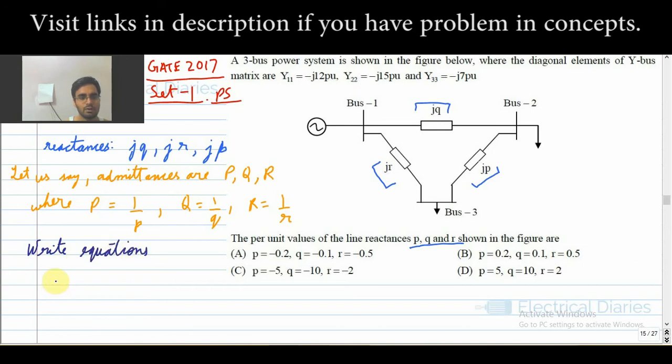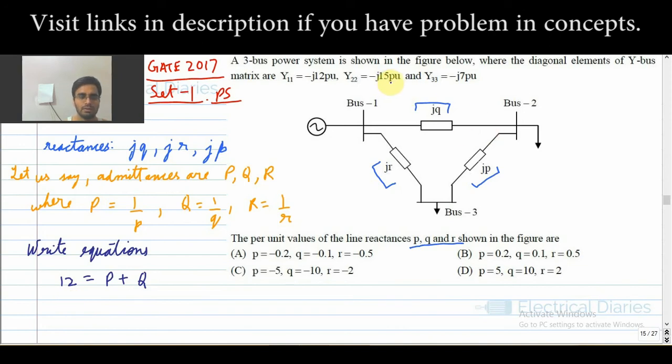I have told you what y11 is. Y11 is the sum of the admittances of the elements connected to bus 1. To bus 1, Q and R are connected, so y11 will be equal to Q plus R. And y22 is given as minus J50.